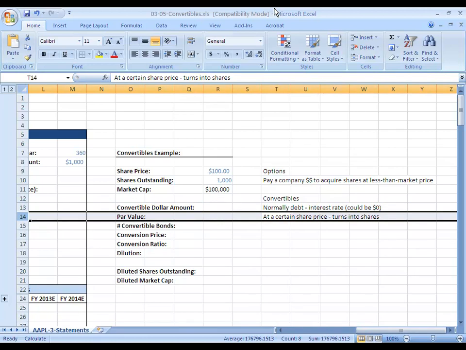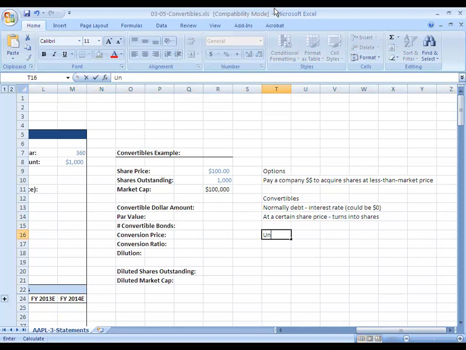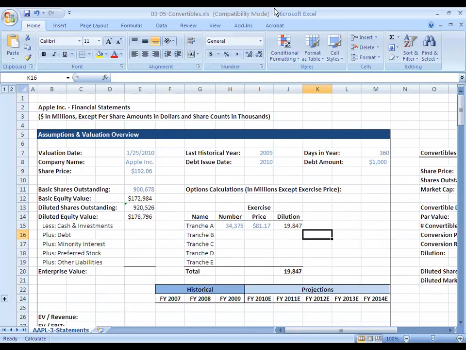And in some ways, this is actually easier to think about than options, because unlike options, the company does not receive cash when you have convertibles. So when you have options, as we saw in our example over here with the treasury stock method, you're paying the company $81.17 per option to get a share. With convertibles, by contrast, the scenario is actually very simple.